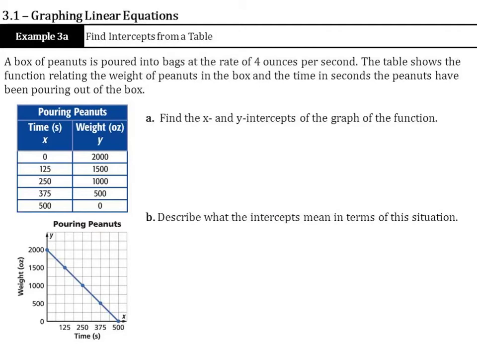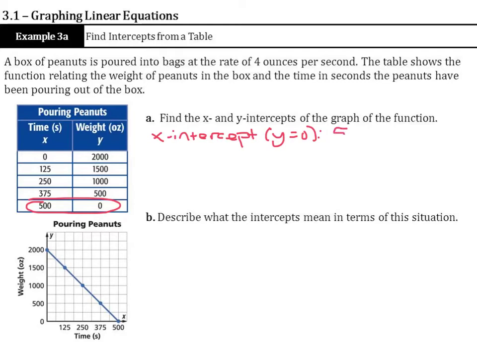Well, the x-intercept is where it crosses the x-axis. And where it crosses the x-axis is not when x equals 0, but when y equals 0. So for that x-intercept, which is when y equals 0, that is right there on our table.